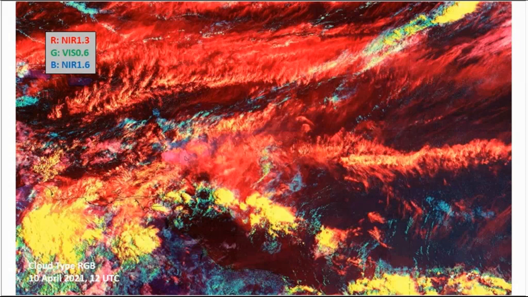On the cloud type RGB, we can see that this RGB is not good for this type of analysis, because the smoke cloud from the volcano is almost not visible at all, as we can see these pinkish clouds all over the place as well. So it is not very clear that this is actually a volcanic eruption.